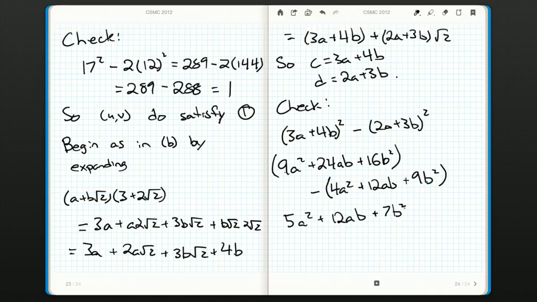Okay. So we have a 5 here, we have a 7 here. 5 plus 7 is 12, and I'm betting that's no coincidence. So what if we were to split up this 12ab into 5ab plus 7ab?